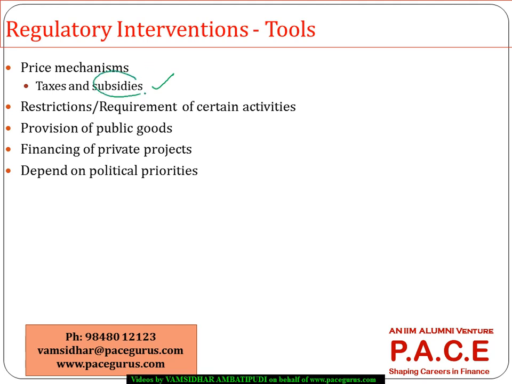In the same way, they provide subsidies so that they can promote that particular industry. So they can either hamper or promote a particular industry through their regulatory interventions, which could be majorly in the form of taxes and subsidies.